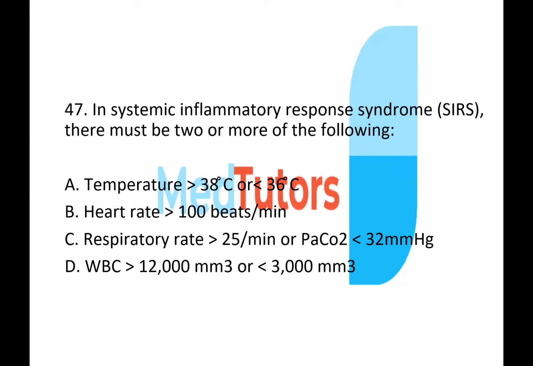Now, in systemic inflammatory response syndrome, SIRS, there must be two or more of the following: temperature greater than 38 or less than 36, heart rate more than 100, respiratory rate more than 25, partial pressure of carbon dioxide less than 32, white blood cell more than 12,000. What is the correct answer?